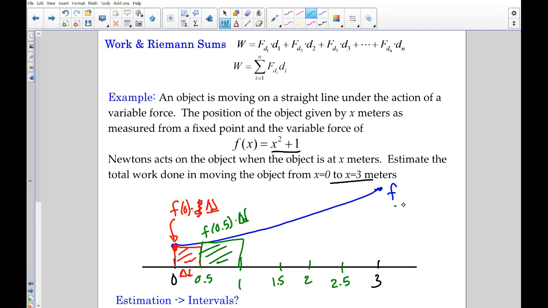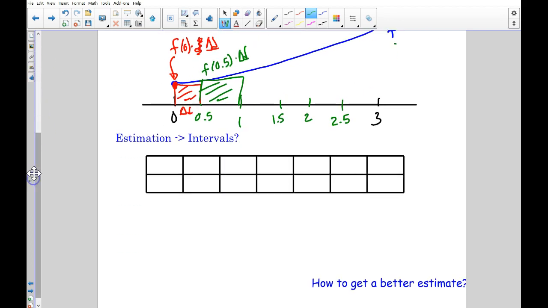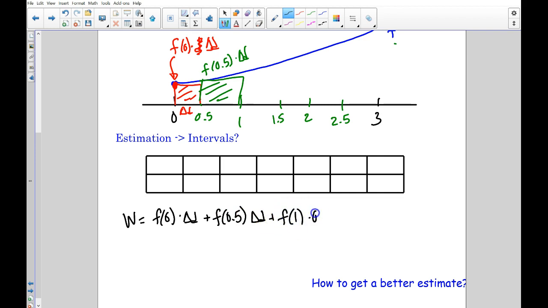Okay, now I'm going to save myself some time. You can do this with a calculator, but essentially what the calculation is going to boil down to is you can make a table, and we'll fill this out soon, but work is going to be the force at 0 times delta D, plus force at 0.5 times the change in the distance, or the distance over which that applies, plus the force at 1 times delta D, plus so on and so forth.